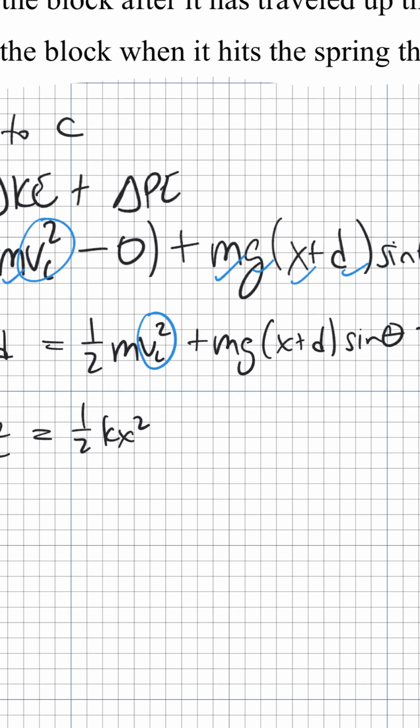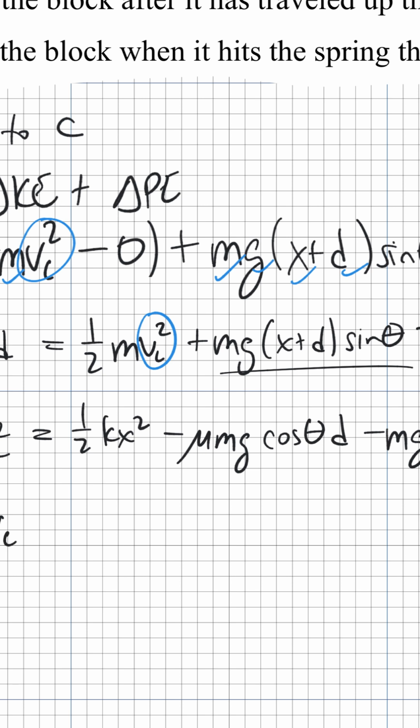Maybe I'll let you watch me do this algebra, in case that's helpful for you. Mu mg cosine theta d. I need this term, which is negative, minus mg x plus d sine theta. Okay, so I'm going to multiply everything by 2 over m.